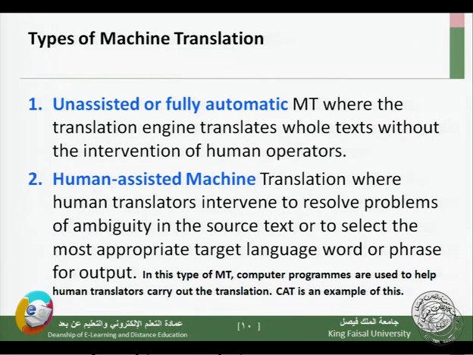It gives you, for instance, a translation, but you need to intervene, and say, all right, I better do something about this. I better do something about that. It needs a lot of editing. And there are certain ambiguities. You need to solve these ambiguities. So in this type of machine translation, computer programs really are to help you as a translator carry out the translation.